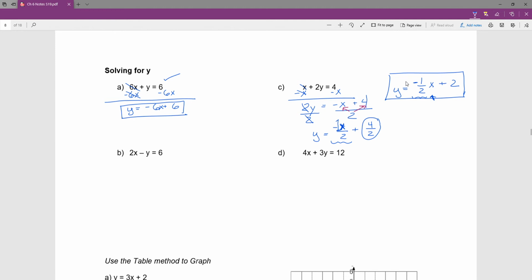In b, we want to get y all by itself, so I'd start by subtracting 2x from both sides. That would give me a negative y equaling negative 2x plus 6, again writing it in descending order. And I've not solved it for y, I solved it for negative y, so I'd need to divide everything by negative 1 on both sides.